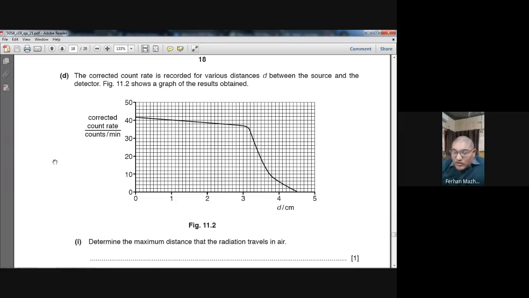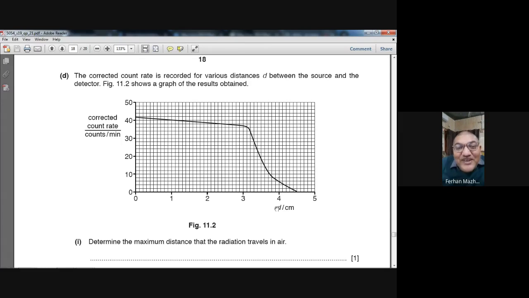Do you understand what this means? This means the values of the radiation count rate are on the y-axis, and on the x-axis he has shown the distance between the GM tube and the source. You see he is moving the GM tube away, away, away.